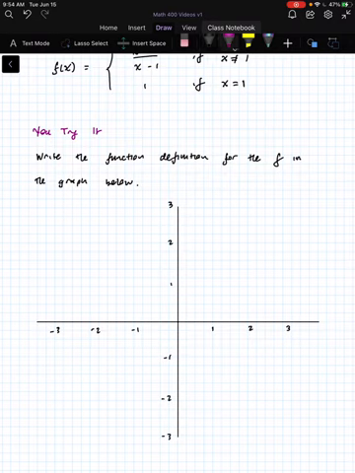All right, so this function passes through the points negative 1, 0, 1, 0, and 0, 1. Also passes through the points negative 2, negative 2, and 2, negative 2. Whoops, that's not right.